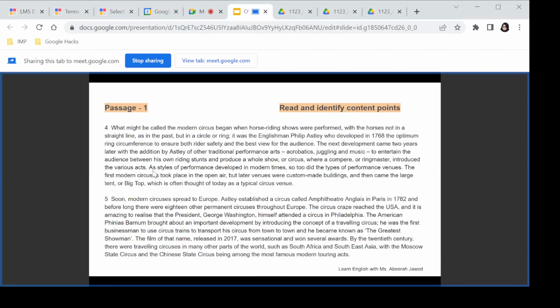Okay, great. As styles of performance developed in modern times, so too did the types of performance venues. The first modern circuses took place in the open air, but later venues were custom made buildings, and then came the large tent or big top, which is often thought of today as a typical circus venue.